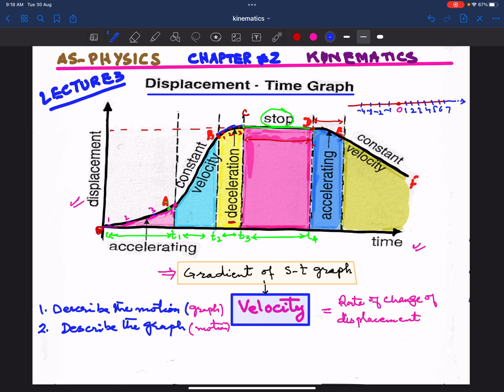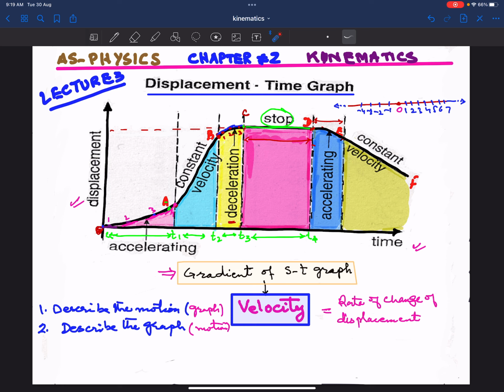We can have the negative numbers on the other side, -1, -2, -3 and so on. So for the time being, whatever has happened here, this interval from O to A, then A to B, then B to C, and then C to D, this all has happened in the positive region, and the displacement is always positive.